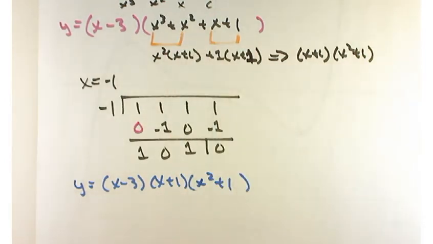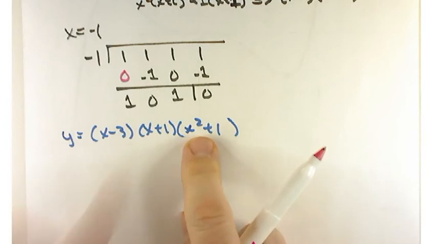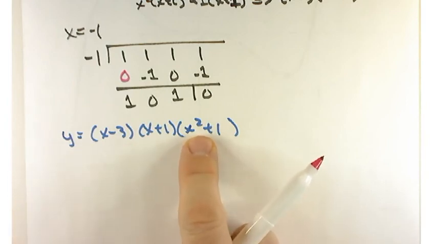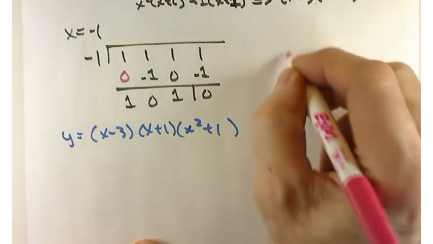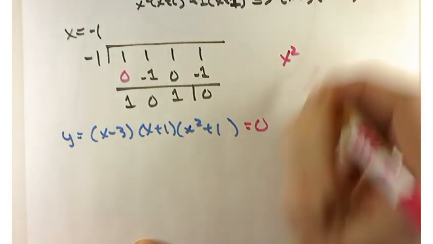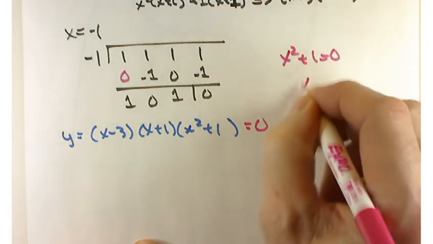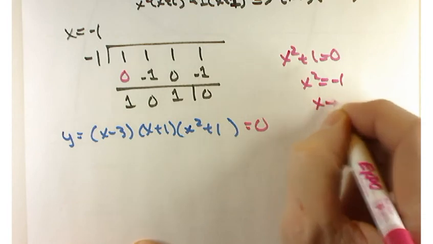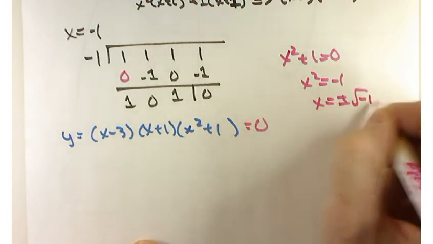So it's a different way you can get this thing to factor. But hey, that's great. Now you can see where there's two complex solutions coming in here. If I solve this equals 0, x squared equals -1 gives me two solutions at plus or minus i.